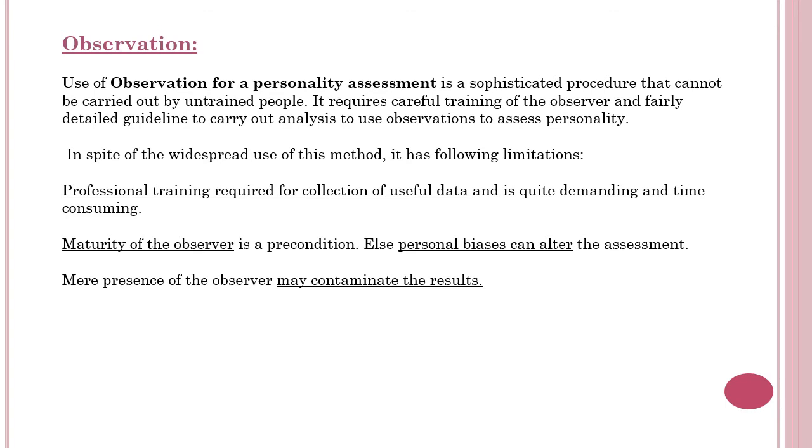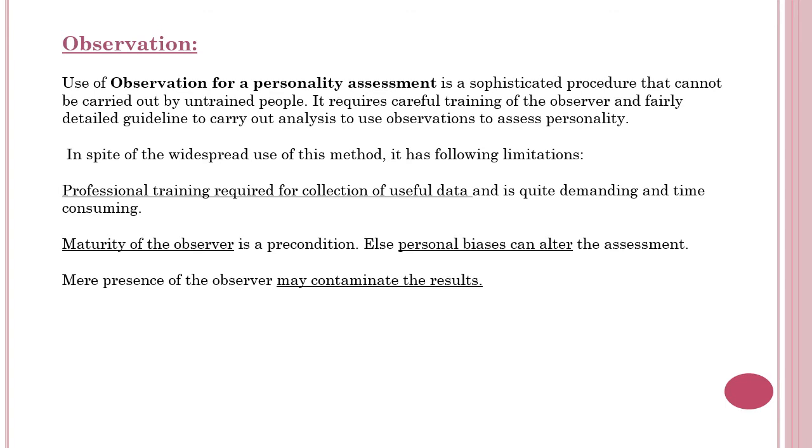Mere presence of the observer may contaminate the results. Many times there is social desirability. As of now we know what social desirability is. If the observer is present and the observee knows that he or she is being observed by someone, he or she will behave in a way that the observer wants to see.